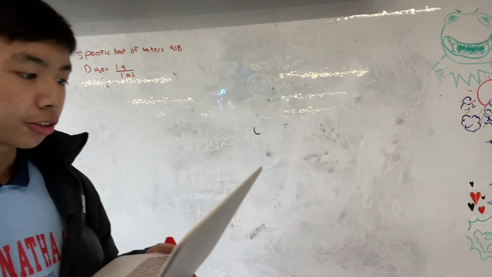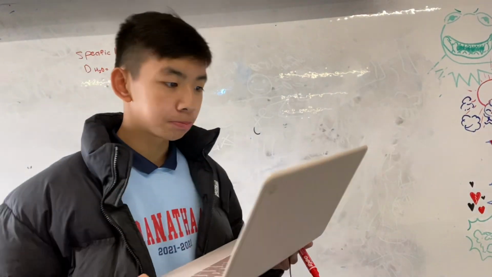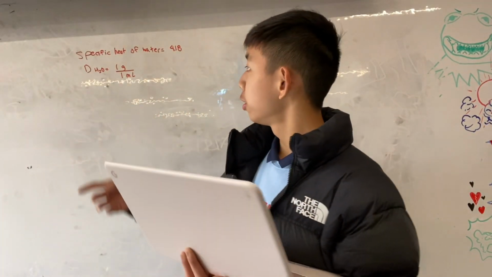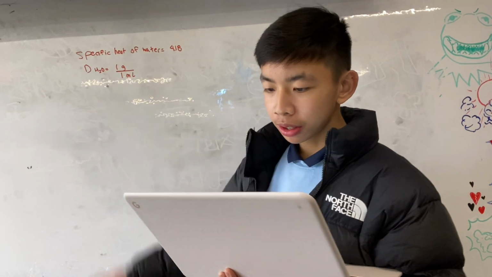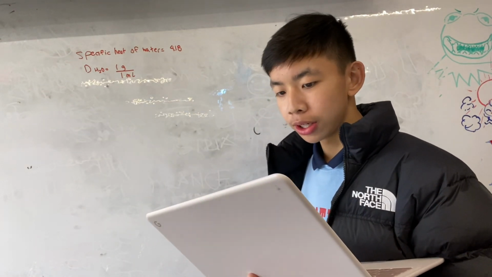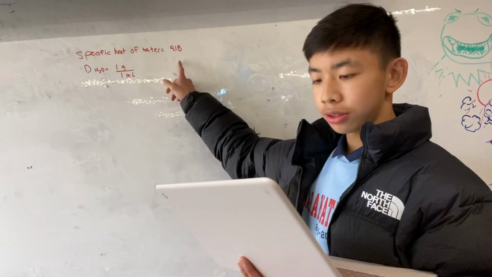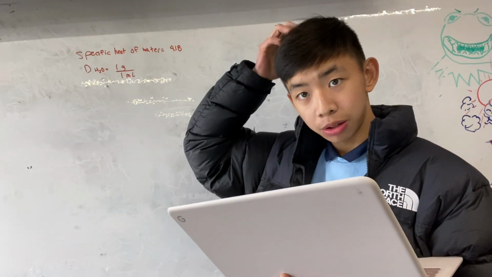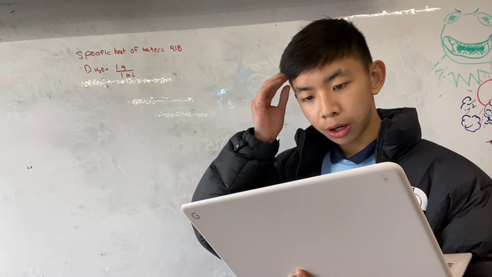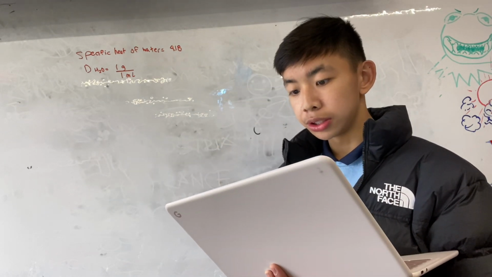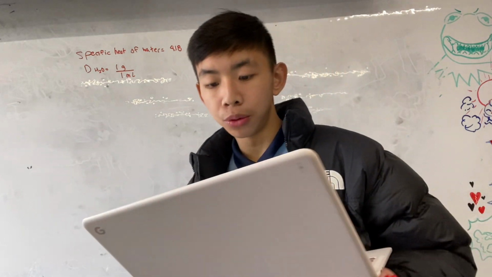It says using your data, and the fact that the water has a density of 1 gram per 1 milliliter, and specific heat of water is 4.18 joules per gram degree Celsius, for each salt, calculate the molar heat of the solution, kJ over mole.